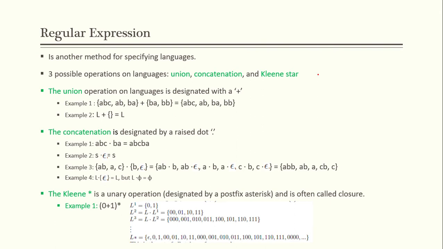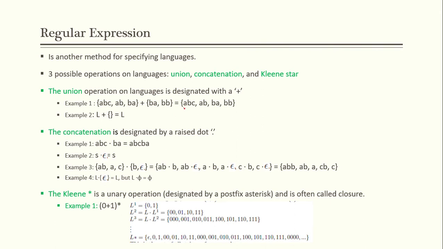For example, in the first example you have a list of ABC, AB, and BA, and you union it with a list of BA and BB. So what you get is a list of ABC, AB, BA, and BB. You remove any duplicate strings.